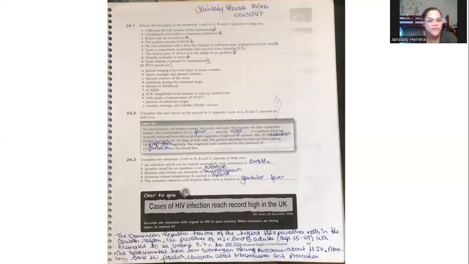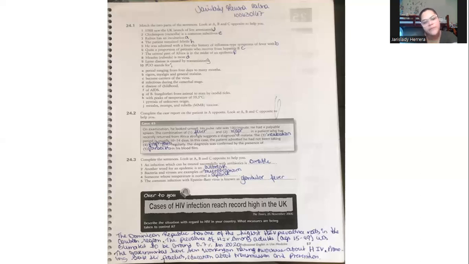The incubation period is usually 10 to 14 days. In this case, the patient admits he had not been taking prophylaxis regularly. The diagnosis was confirmed by the presence of parasites in his blood film.